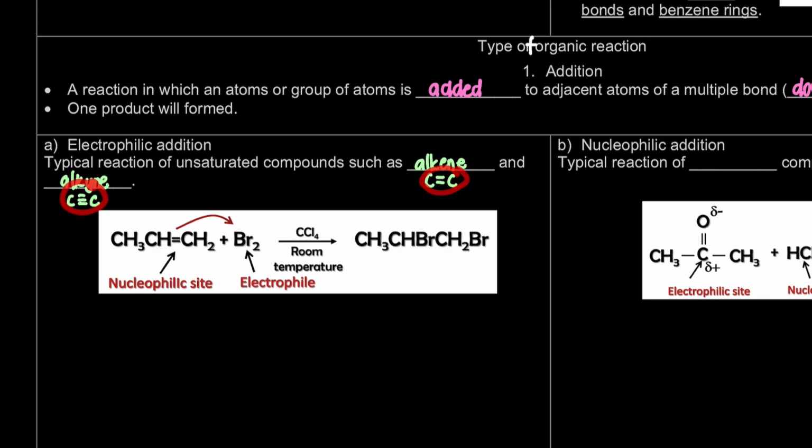When we add the atoms, the double or triple bond will be removed and we only have single bonds. So how do we know it? Let us draw the structure of the reactant in condensed form and the product in expanded form, so it is clearer for us to see that it is an addition reaction.